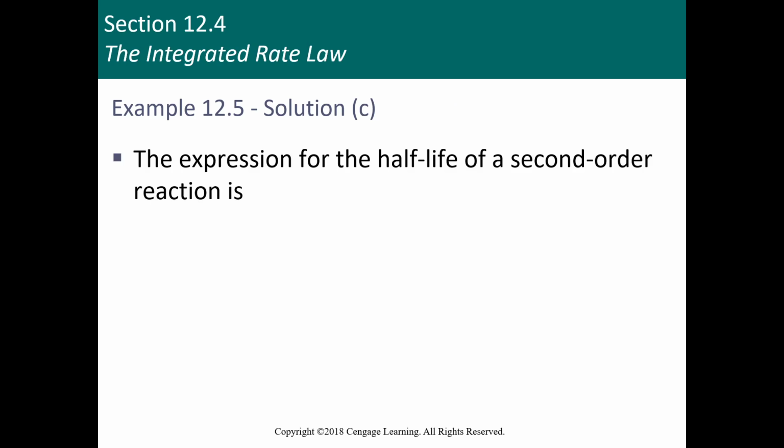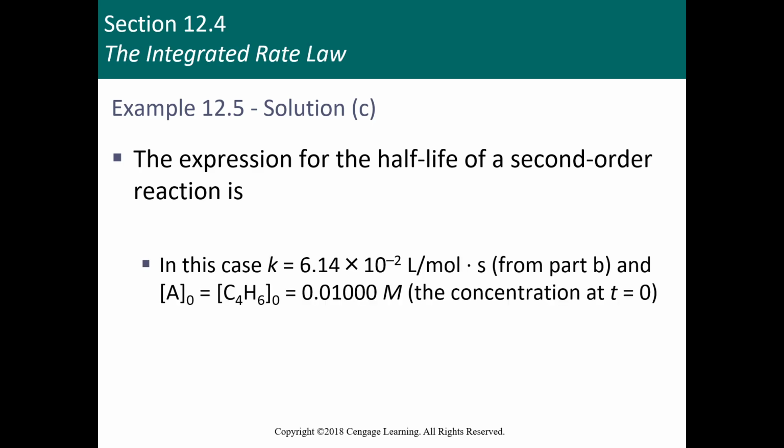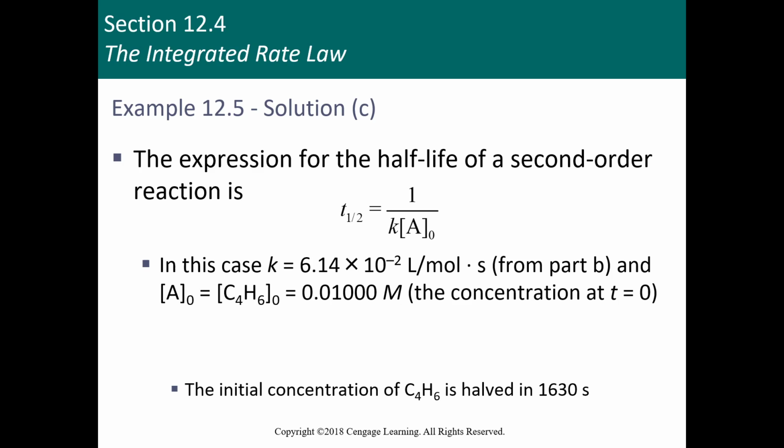So the expression for the half-life of a second order reaction is this. So in this case, K equals that value we just figured out from part B. And the time zero concentration would be that first one on the table, the initial table, which was 0.01000 molarity, or our concentration at time zero. So we're going to then plug it into our half-life expression, which is this right here based on our integrated rate law.